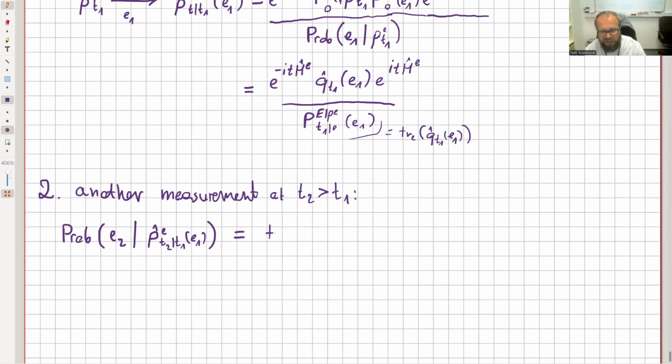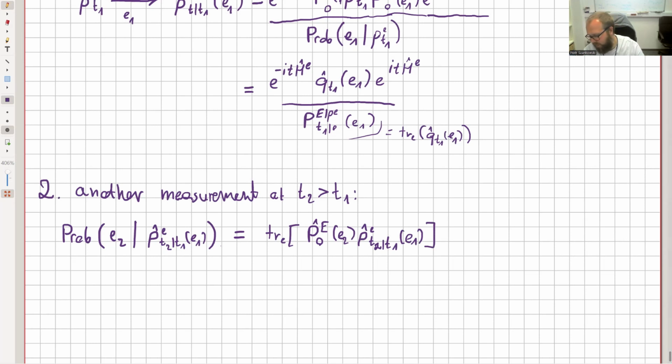This is of course trace P0 E2 and just put here the density matrix conditioned by 1 E1.